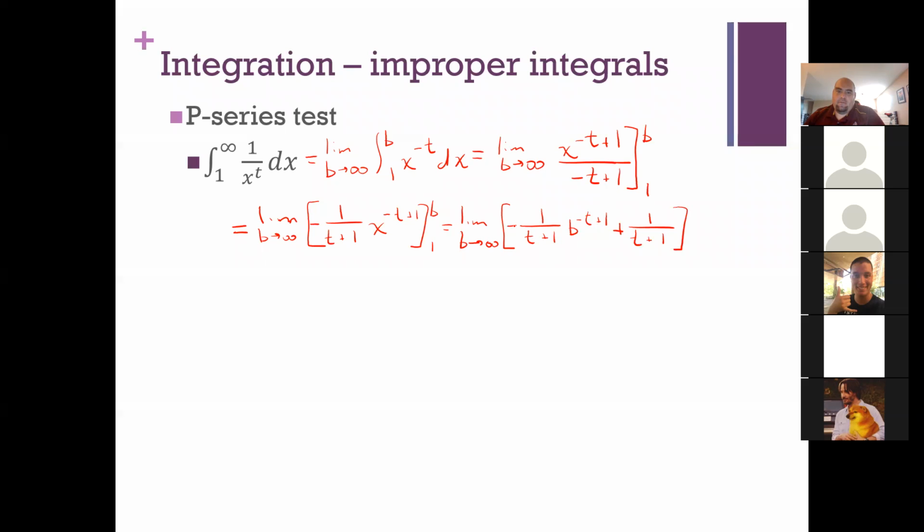Can you factor out the 1 over t plus 1? You can do that. In fact, 1 over t plus 1 is a constant, right? Yes. So this limit is all about b, so I can definitely pull that 1 over t plus 1 out of the limit.